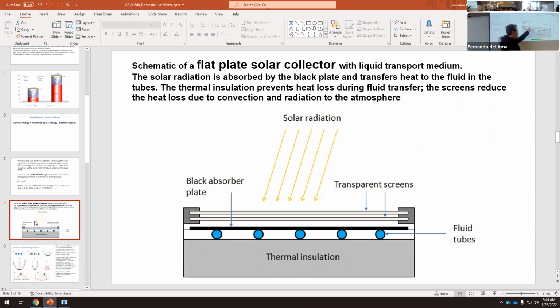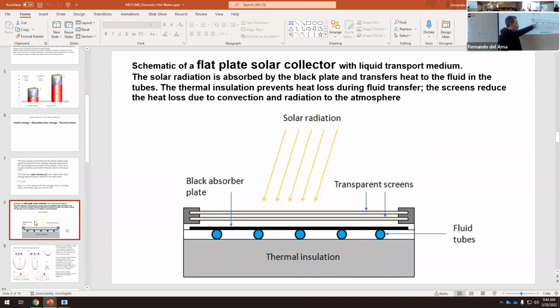And then we need a transparent glass or plastic because we need to close this. Okay, so we need to allow this energy to enter this cavity and then it doesn't go out because we have a glass here. So that's it. If we go to the Home Depot, we buy thermal insulating panels.